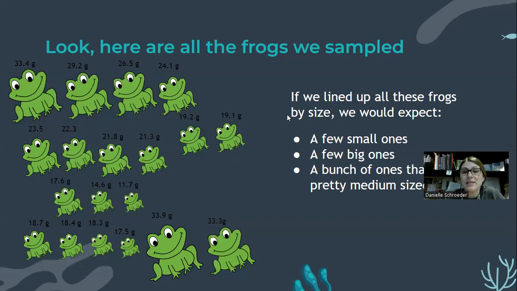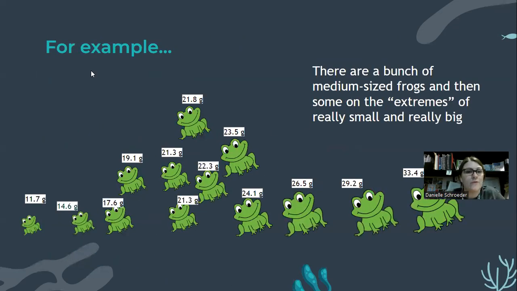And if we lined up all these frogs by size, we would expect a few little guys, a few big ones, and then a bunch of ones that are pretty medium, okay? Right? That's what we would expect because we've got a whole bunch of frogs that are kind of medium size and then a few extremes. For example, here we go. So over here, we've got our little frogs.